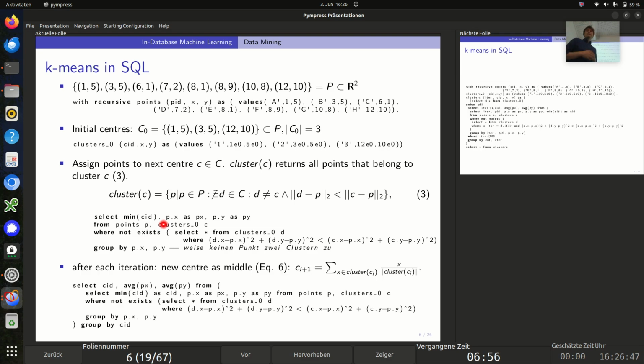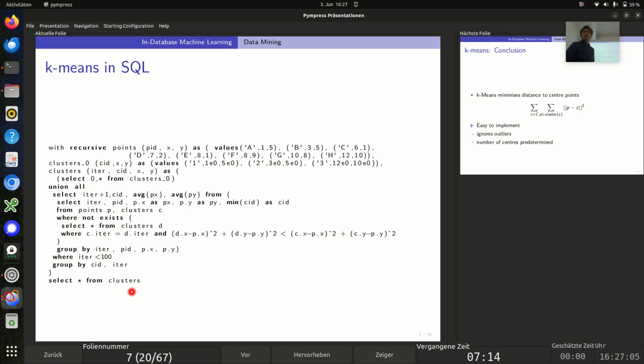And then I have to recompute all the middles. And this can be done by averaging the x coordinates and the y coordinates, and then I have the inner formula from above. And then I have the new middles, and this can be put into a big recursive table. So here I have my clusters and I have my iterations until which I will stop.